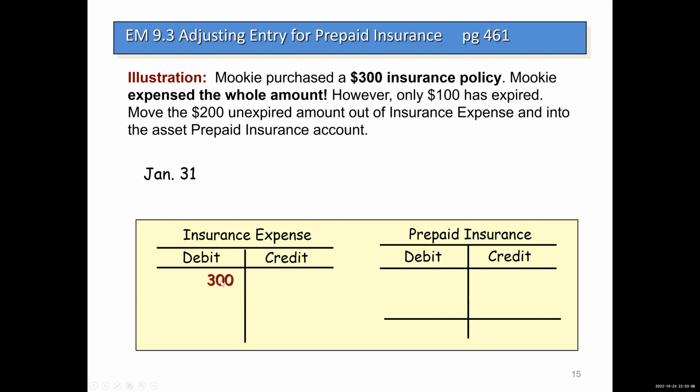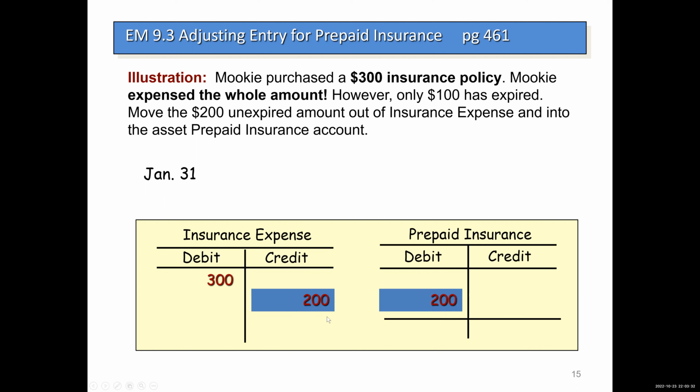So we need insurance expense to be 100, not 300. So what we have to do is the unexpired amount, the 200 that hasn't expired yet, we've got to take it out of insurance expense and put it into the asset prepaid insurance, because the $200 is unexpired.